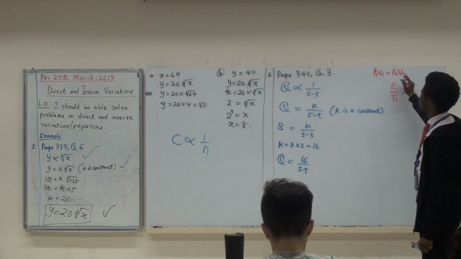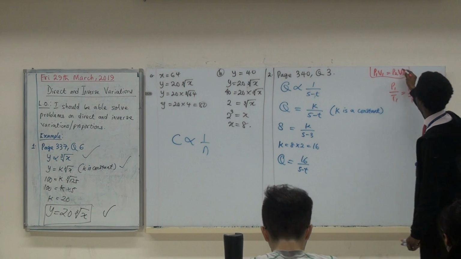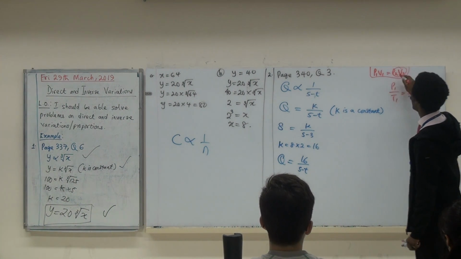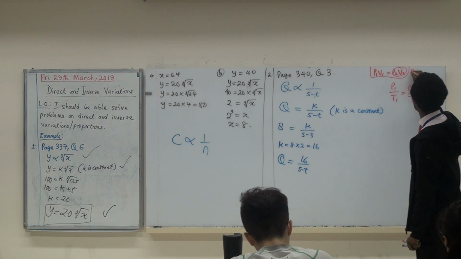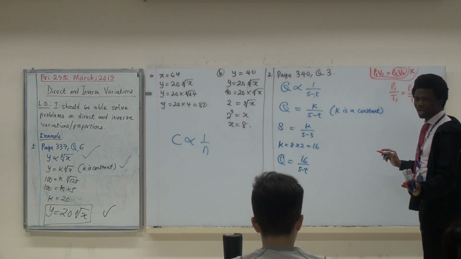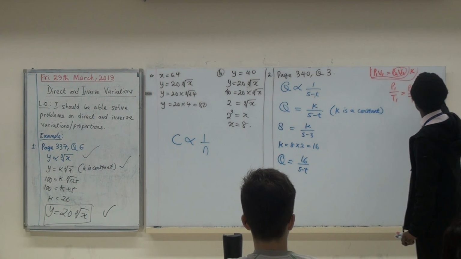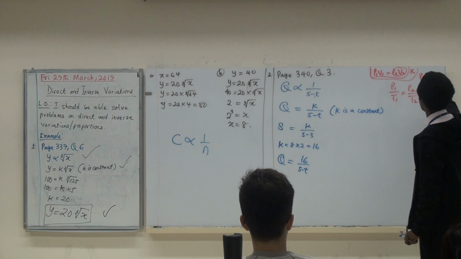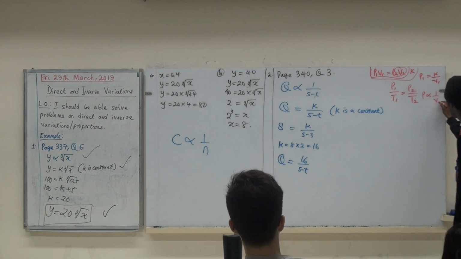Exactly. So this is what I mean, guys. If this happens, it means this is always a constant. It's always a constant, meaning 1 will be equal to 2, and 2 will be equal to 3. So if P1 V1 is a constant, it means my P1 would have been constant divided by V1, right? Which means the pressure is inversely proportional to the volume.